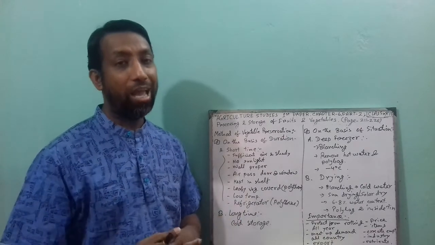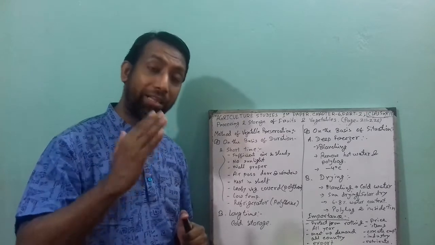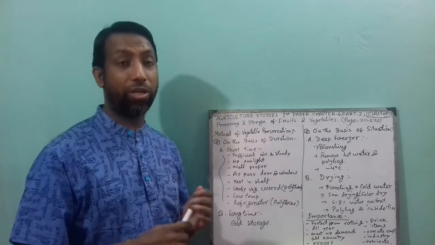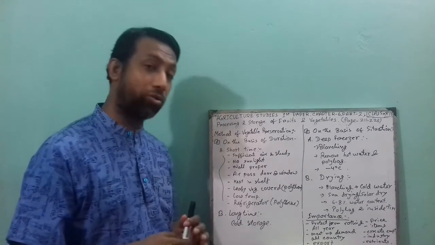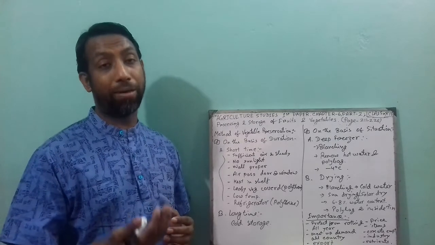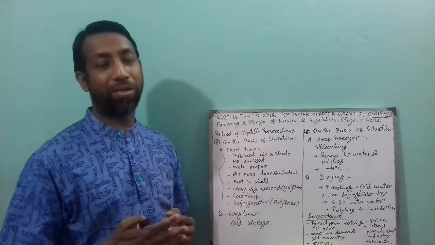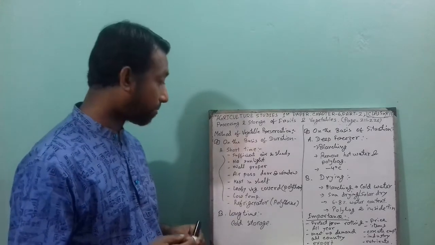It depends on the vegetable, and even on the relative humidity as well. So you have to understand before you preserve inside the cold storage. Inside the cold storage, we can preserve for more than 1 month, 2 months, 3 months, 4 months, 6 months. It depends on the vegetable.